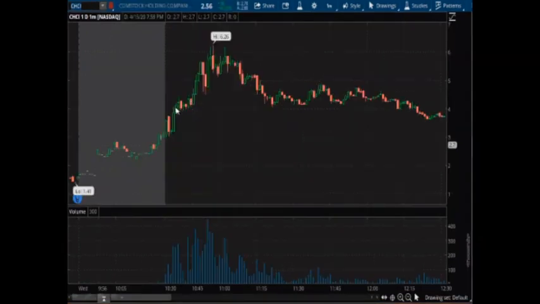Right here when this volume is dried up, you have a lot of people who are shorting, maybe just short the spike, who are comfortable expecting the stock to go down $1 and expecting a fade lower. And unfortunately, it's just kind of manipulation, and it ended up going a lot higher.